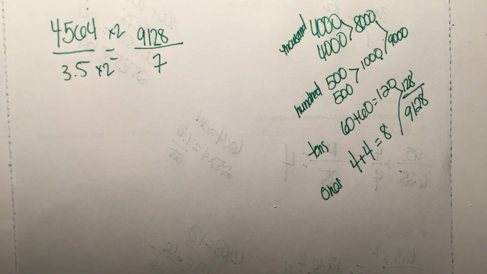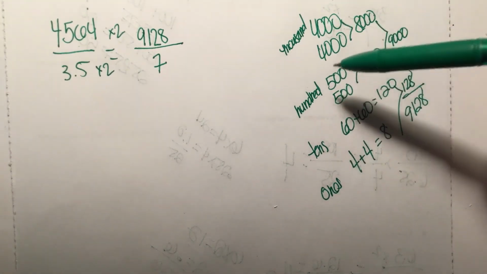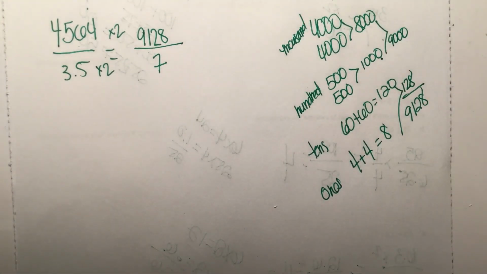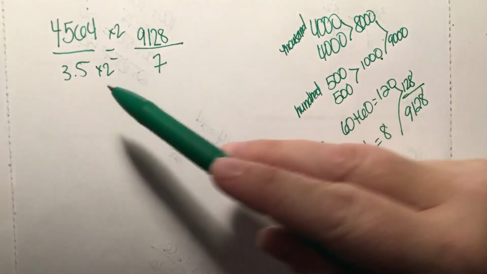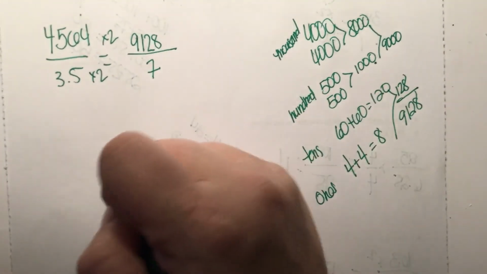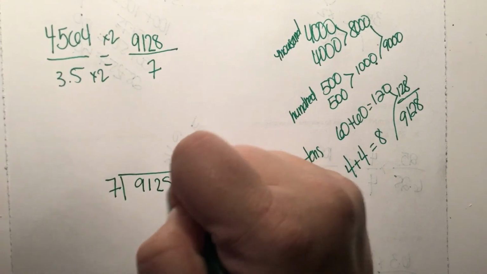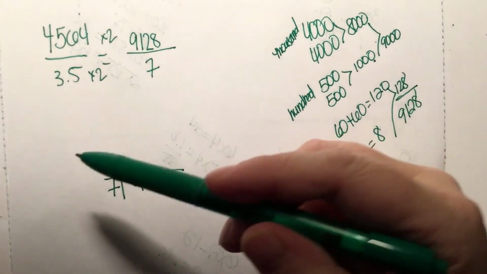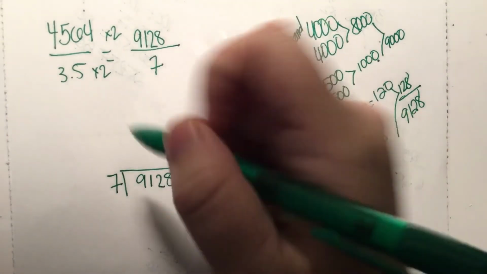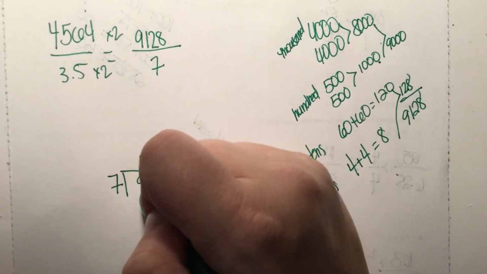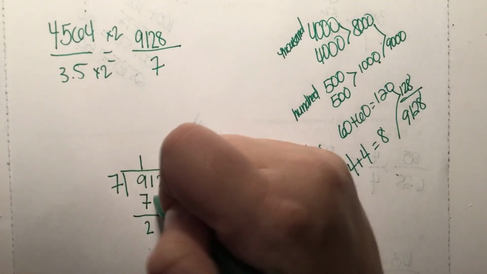So they want you to do mental math with your division algorithm, okay? So we did the mental math to get a whole number to divide, right? So we're going to go 7 divided by 9128, okay? 7 can go into 9. Yes, it can. 7 times 1 is 7. That's 2.